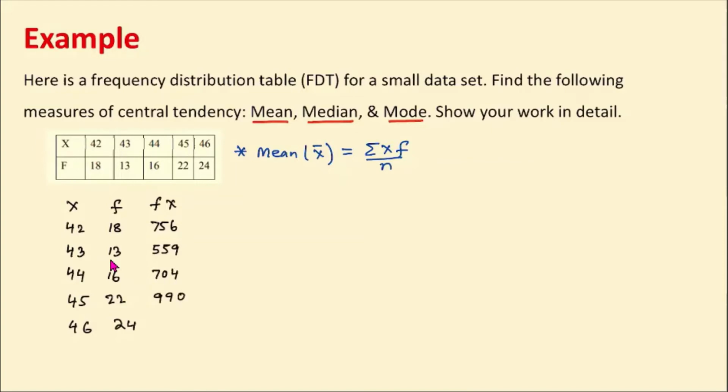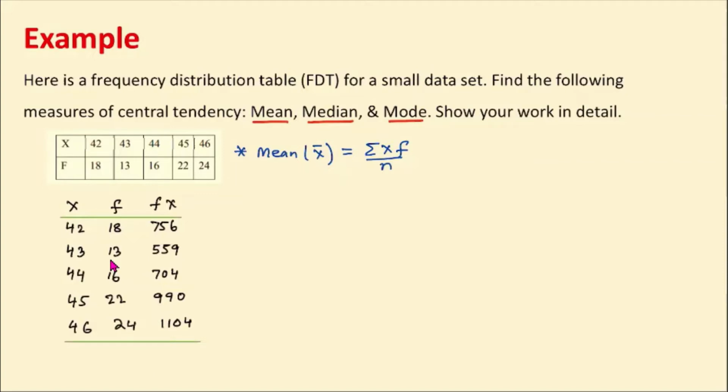And finally, 46 times 24 is 1104. Once we have these values, let's add them together down here.